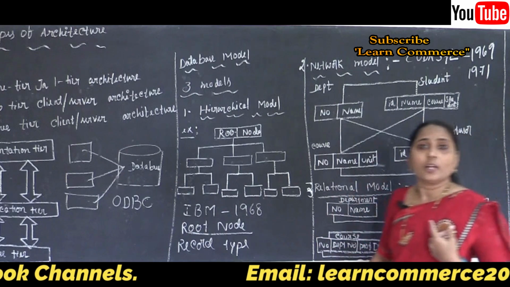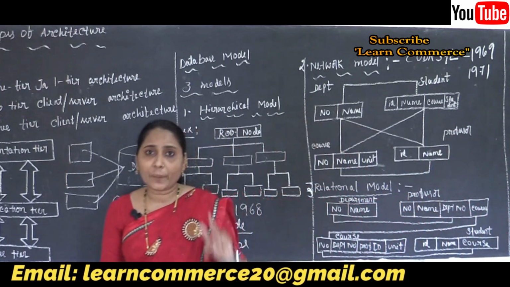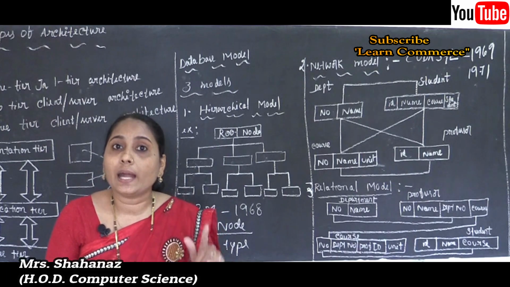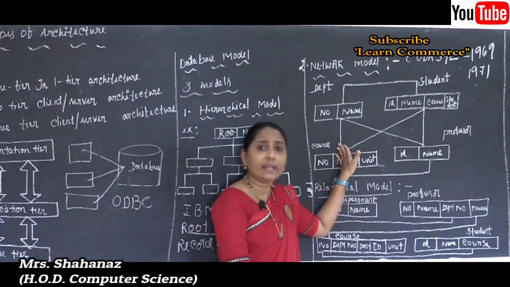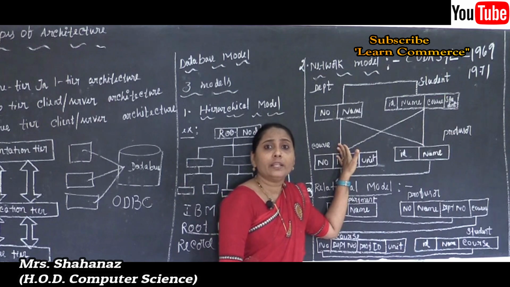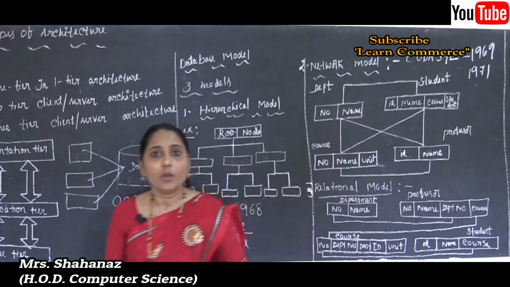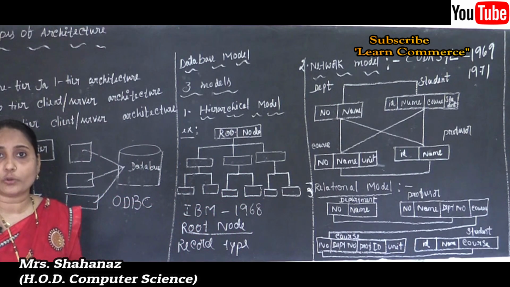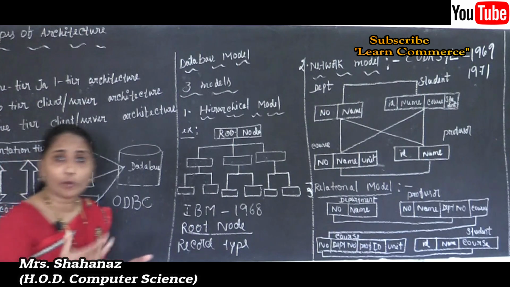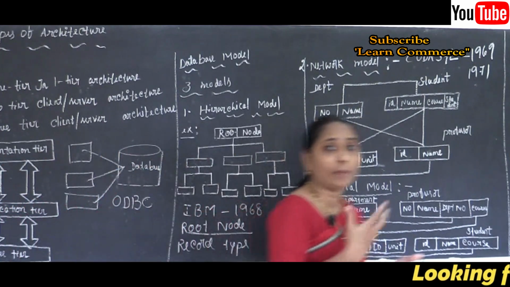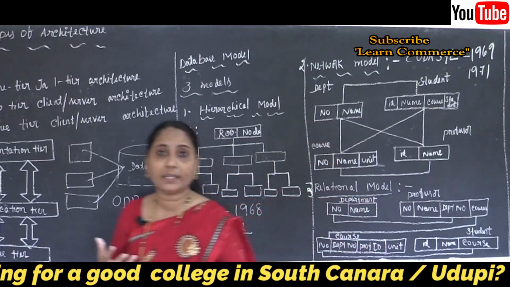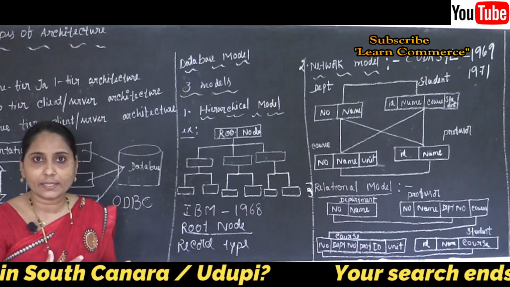So the data is represented by a collection of records, and the relationship among the data is represented through links. Here also the link is used to connect the records, to connect the data, or to make some relationship between or among the data.